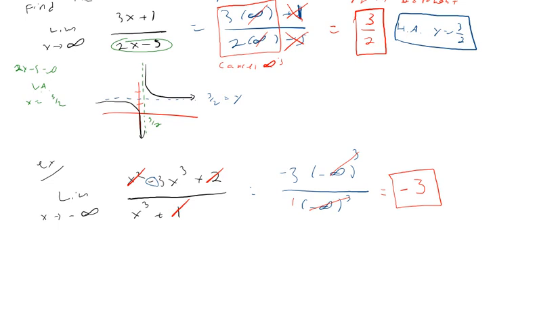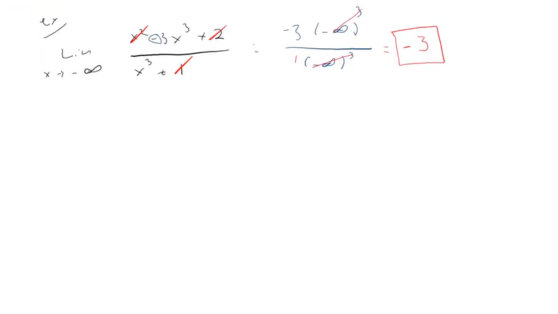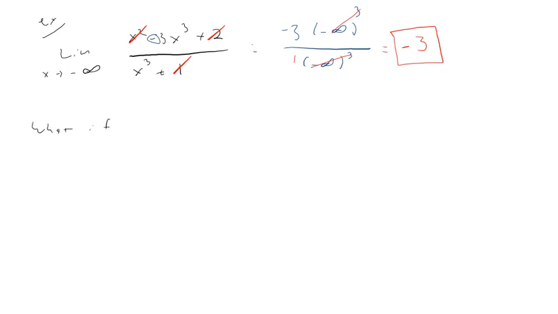All right, this is all great, but what if the exponents don't match? For example, if I had, as x approaches infinity, let's say I have 2x squared minus 5 over x plus 1.